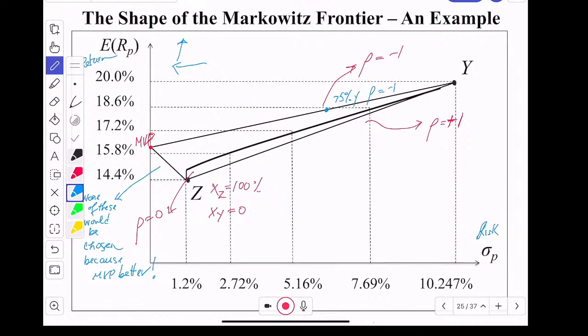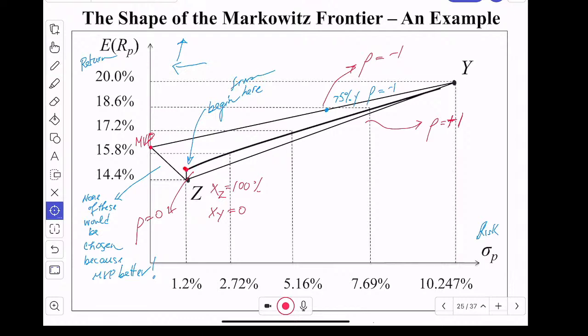So those options would begin choosing from here, right? Because this is higher return relative to all of those.